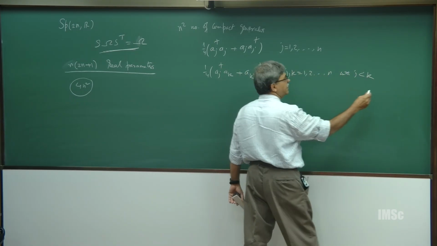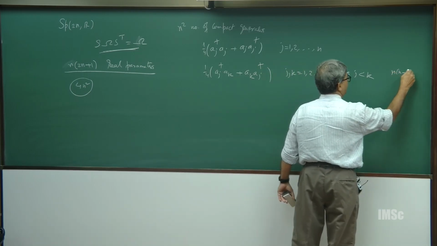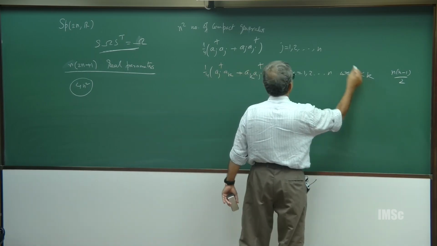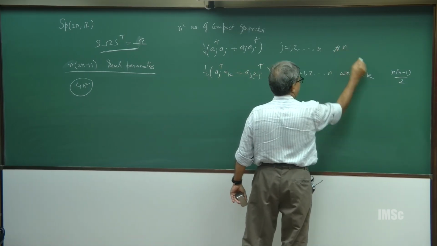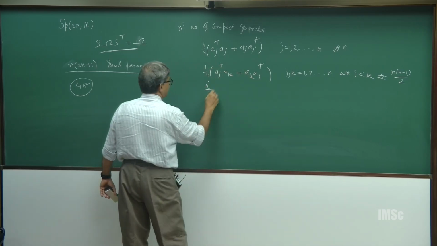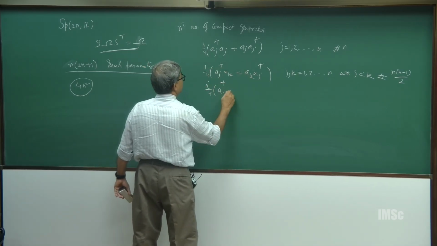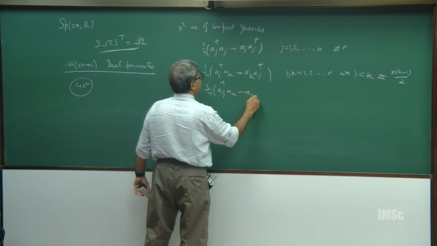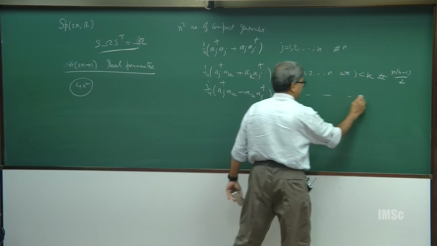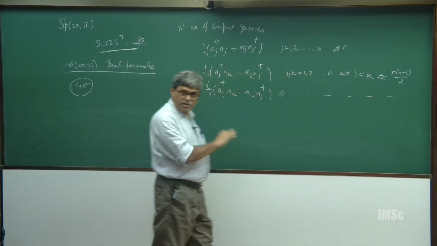This number is n into n minus 1 by 2, this number is n, and then iota by 4 (aj dagger ak minus ak aj dagger), again with n into n minus 1 by 2. They satisfy the same condition.